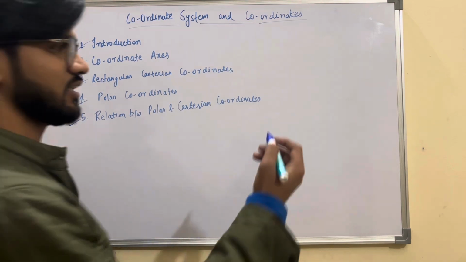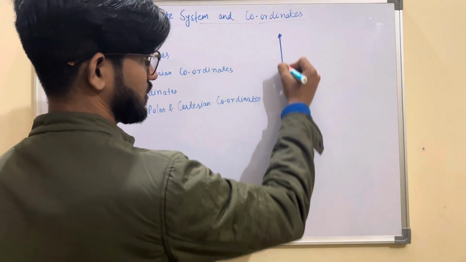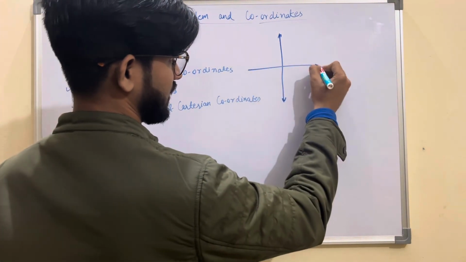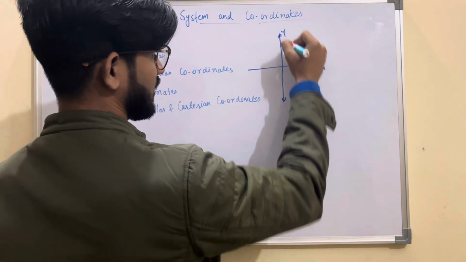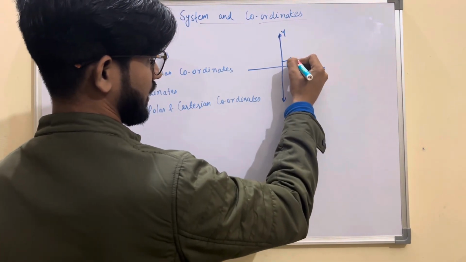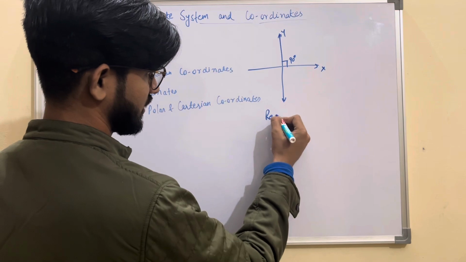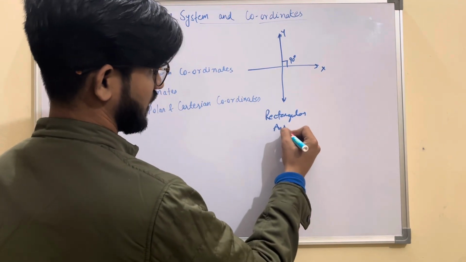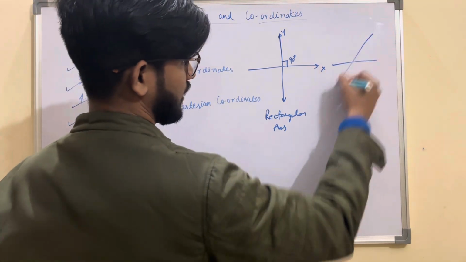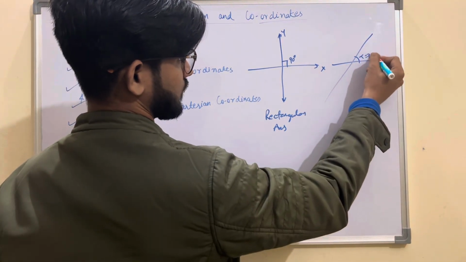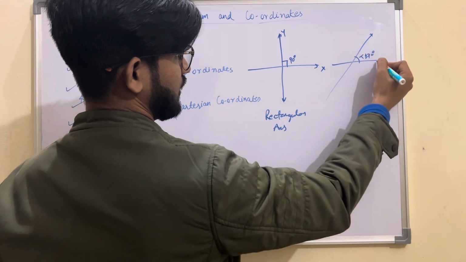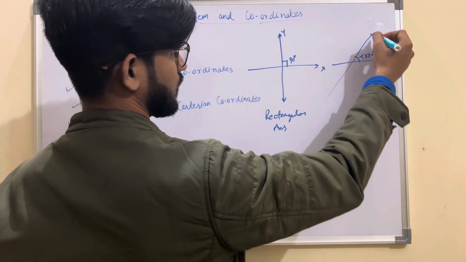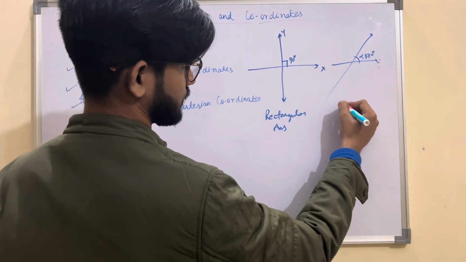Like if these two reference lines x and y intersect at a right angle, it is called a rectangular axis. And if it is not a right angle, then we call it an oblique axis.